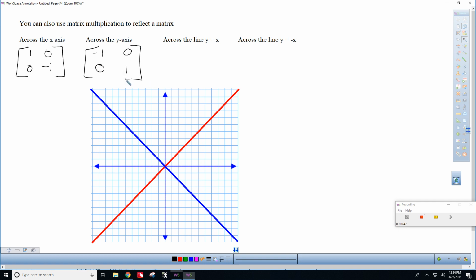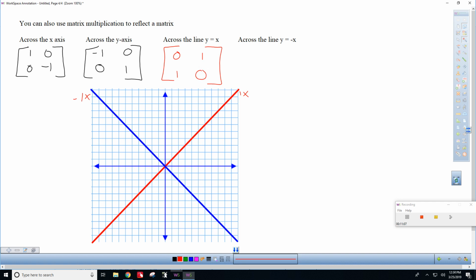If you want to reflect it across the line y equals x, well, that's the red line. This is y equals 1x. This is y equals -1x. So the red line would be 0, 1, 1, 0.